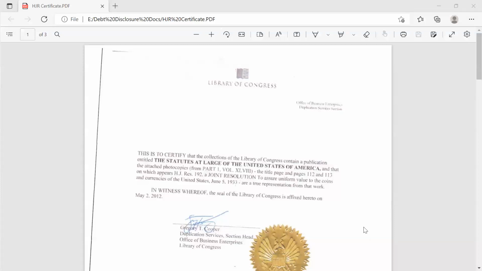Peace, sovereign ones. We are moving along in the debt disclosure statement packet, the instructional phase of the course. We are now reviewing the official certificate and publication pertaining to the HJR 192 Public Law 73-10 as it pertains to all debts being discharged as well as all American debt being obligations of the government.